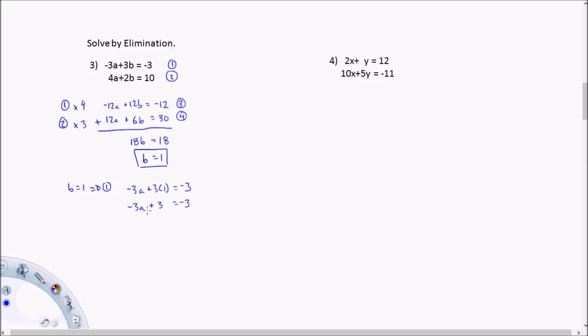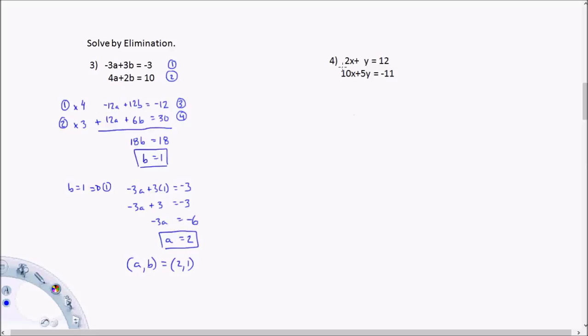We then want to subtract 3 from this side, so we'd end up with just negative 3a. And if we subtract 3 on this side, we must subtract 3 on this side, and we would get to negative 6. We then divide both sides by negative 3 to isolate for a, so therefore a is equal to 2. Therefore, our answer, the point of intersection of these two lines, would be at 2, 1.